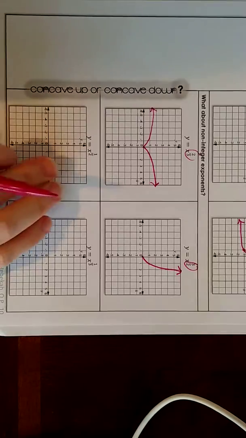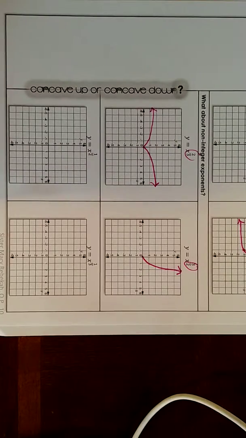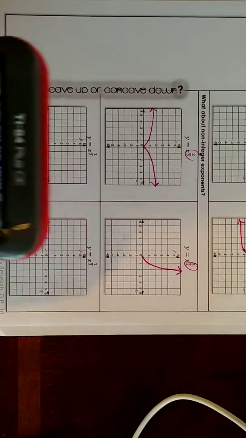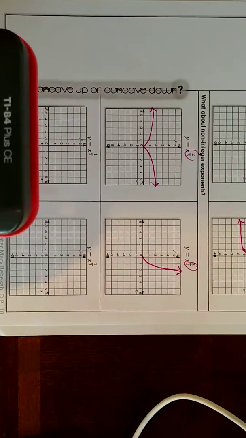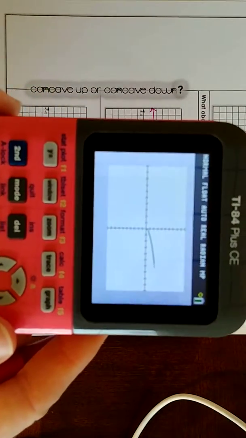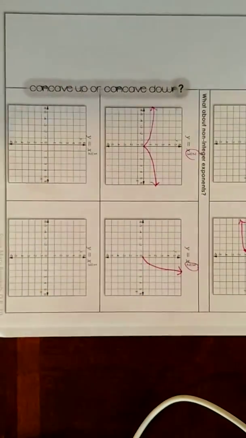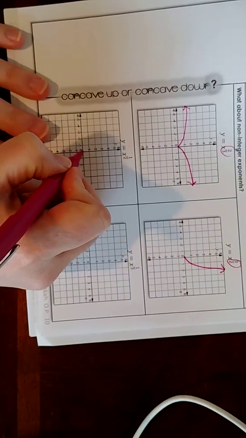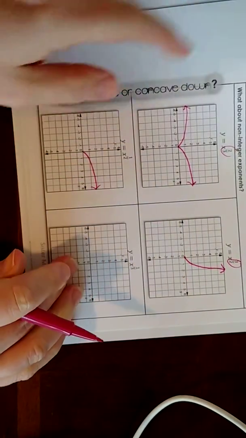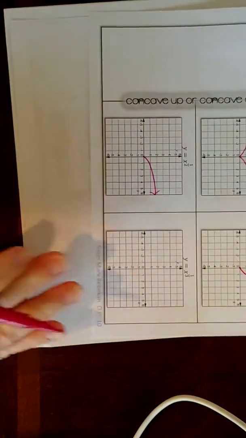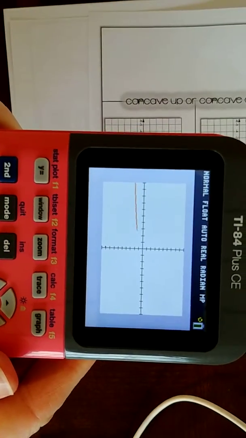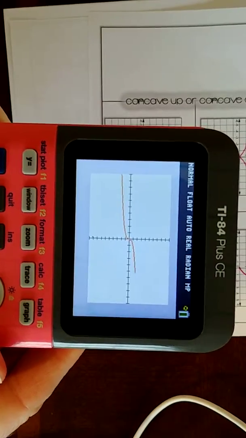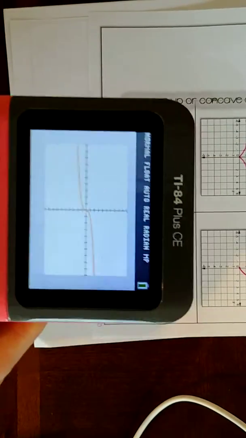All right, and then if we have y is equal to x to the 1/2, that's going to look like this. All right, so x to the 1/2. And then finally, y is equal to x to the power of 1/3. So that looks like that.